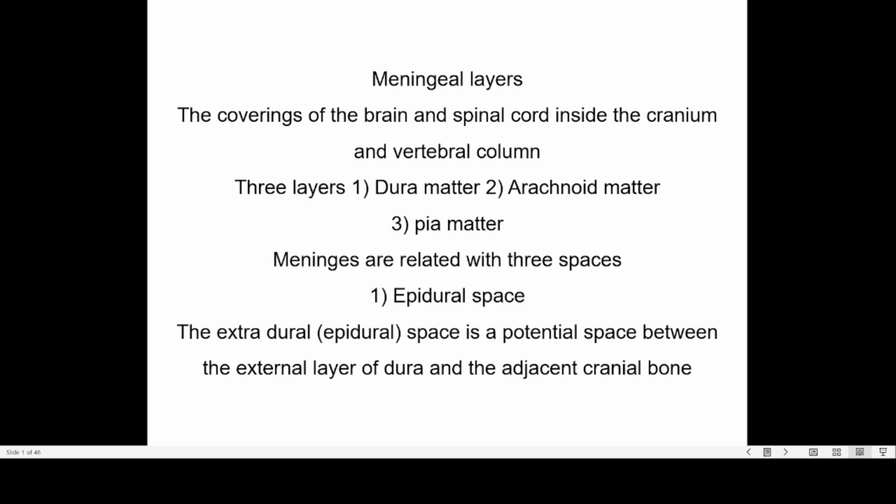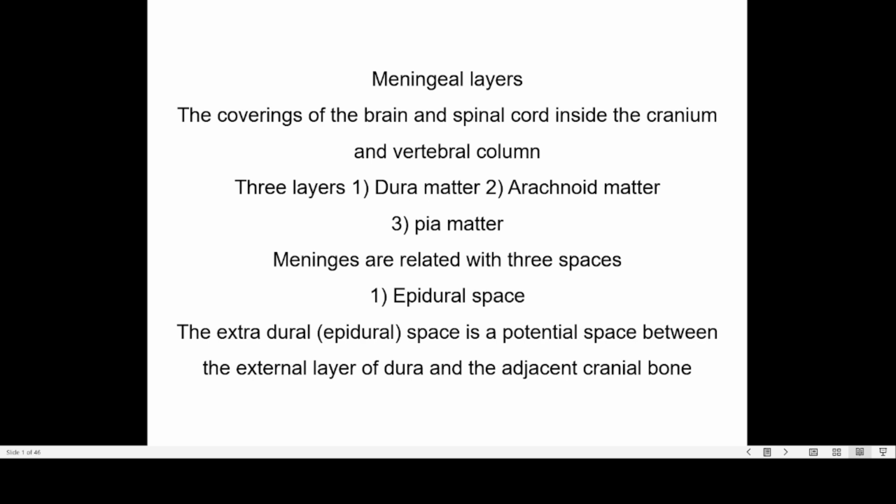So these are the layers. Three layers totally cover the brain and spinal cord and the roots of the nerves. So usually there are 3 layers.